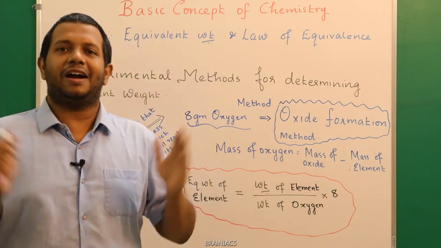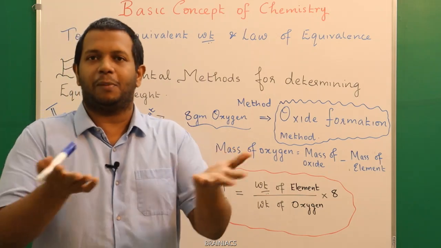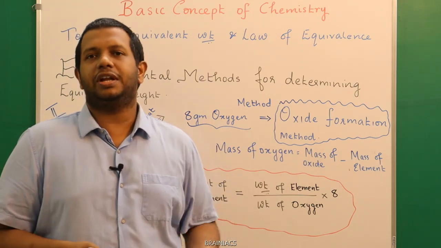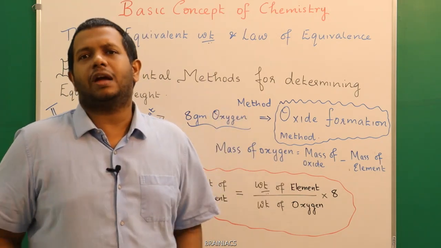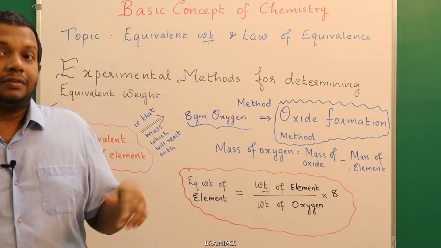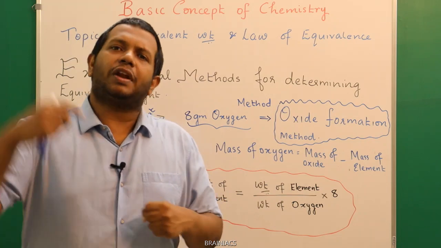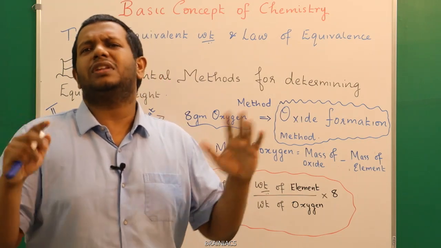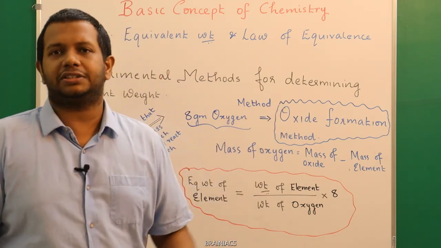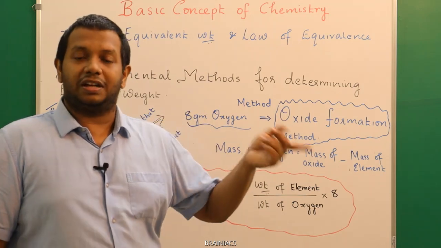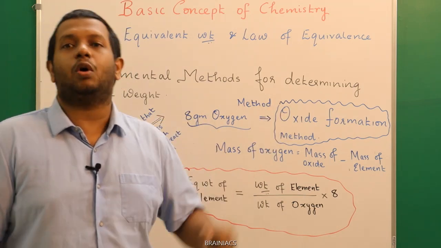Again, think like you have an element you have discovered, you know the mass of that element, you have measured it. So say again 250 gram, okay, it's a new element, 250 gram of that new element you have taken. First you tried to react with hydrogen. You understood that it does not have any reaction with hydrogen. So what you have taken, as per the next definition of equivalent weight, you have taken oxygen.